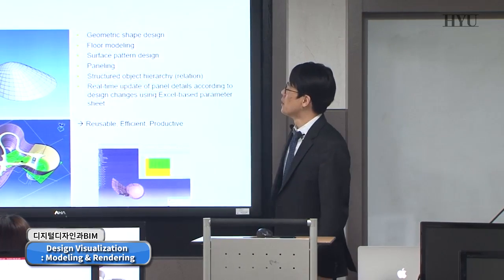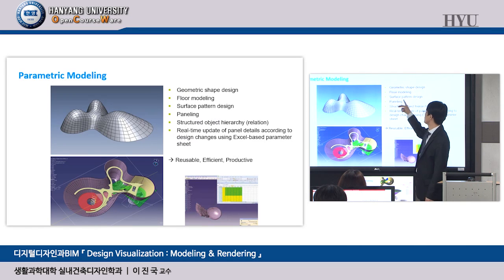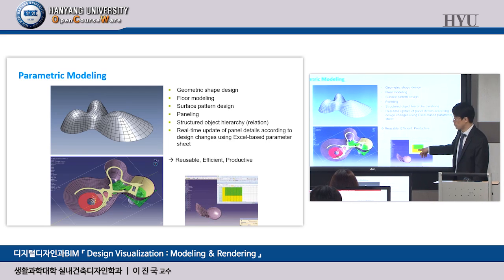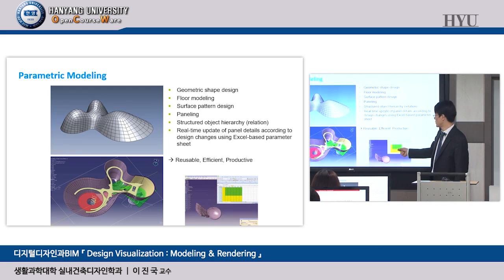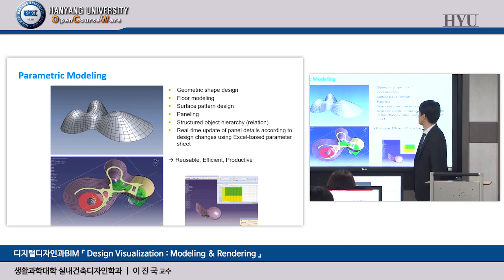That's controllable geometry, so-called parametric modeling. The elements are here: geometric shape design, floor modeling, surface pattern design, paneling, and structured object hierarchy making. If you update specific Excel numbers, location information, the geometry is simultaneously updated, so-called real-time update.